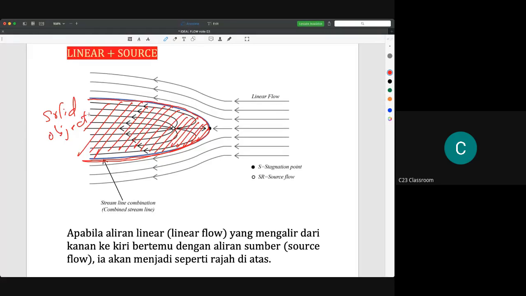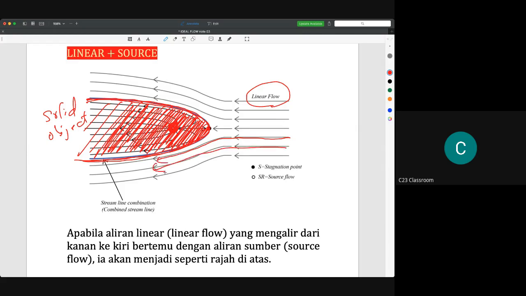So maksudnya walaupun pada dasarnya kita mula-mula gunakan source, kita merge dengan linear flow, and then kita dapat bentuk ini. So kemudian sekiranya bentuk ini kita gantikan dengan solid, maknanya awak letak papan ke dan sebagainya yang berbentuk ini, so you will find that all the parameters remain the same. So parameter tu apa? Maksudnya had laju linear flow yang lalu di sini masih lagi sama.